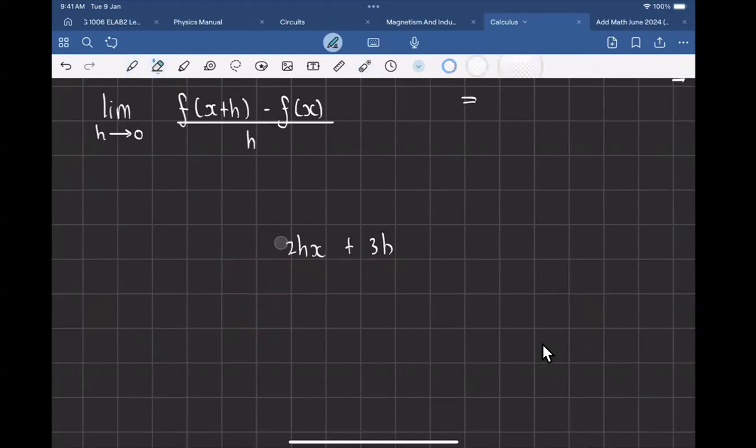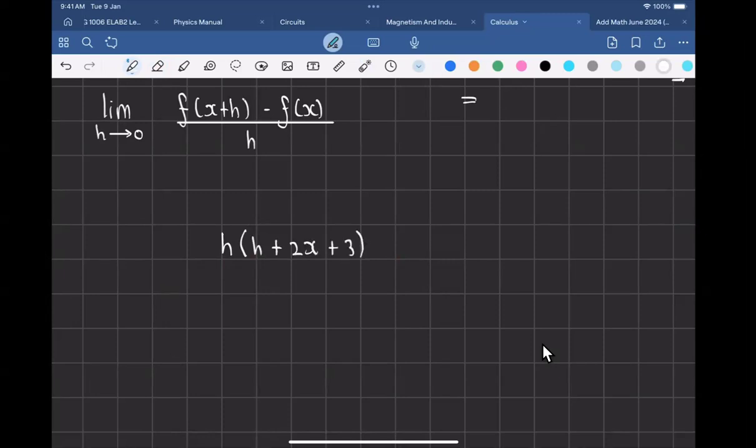Yeah, so proceed. How you have that there, we can't cancel anything off because there's an operation being added between two terms. So it could be H and the 2x and the 3 in brackets. So it will be H times 2x plus 3.